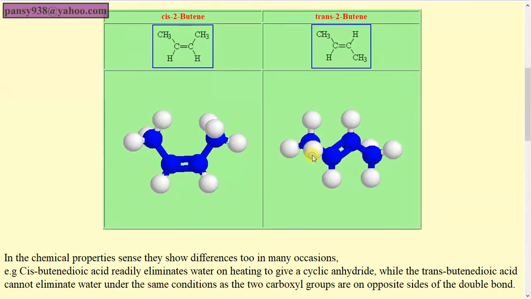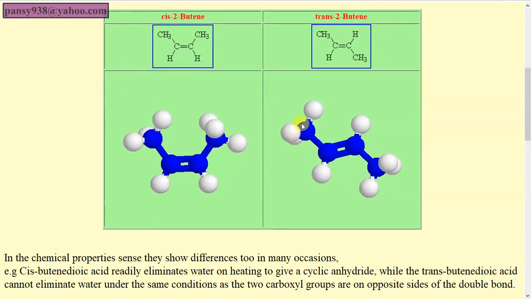While in the case of the trans isomer, you see that the hydrogen on carbon number 1 and the hydrogen on the last carbon are farthest from each other, and they should have different electrostatic forces of attraction or repulsion. That is why their physical characters are different in both cases. This is also seen in the 2D structure of the molecule.